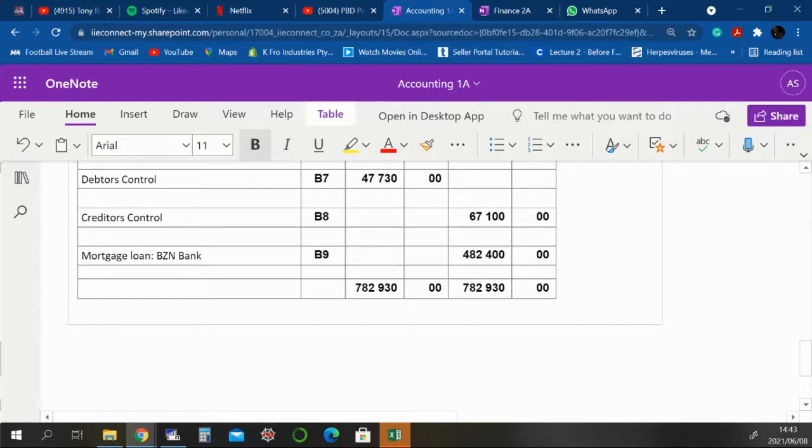Also, show the capital and drawings account in the statement of financial position section. Close drawings against capital. They don't need to actually tell you that. You should know, as long as you're doing year-end procedures. And balance the capital account to determine the correct amount for owner's equity at year-end.